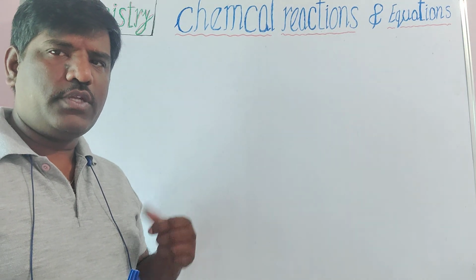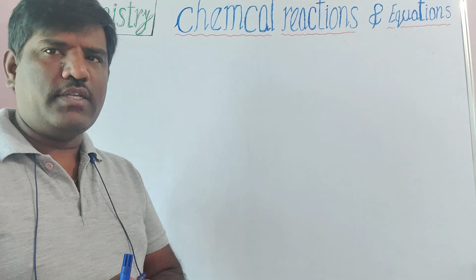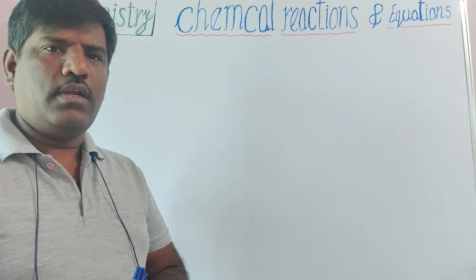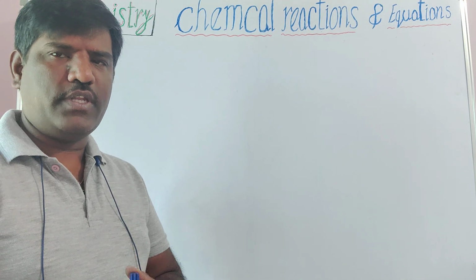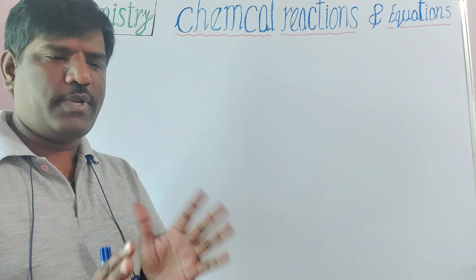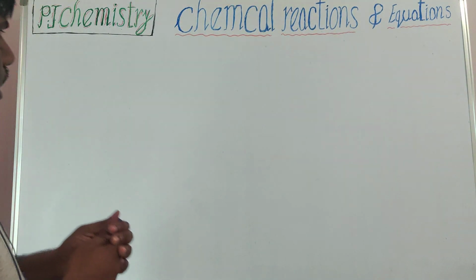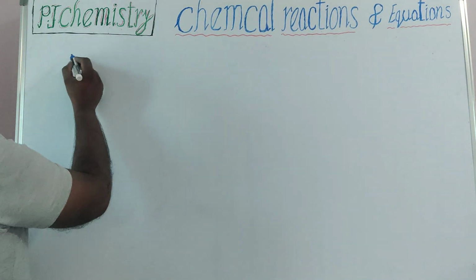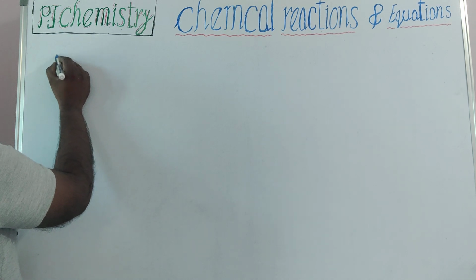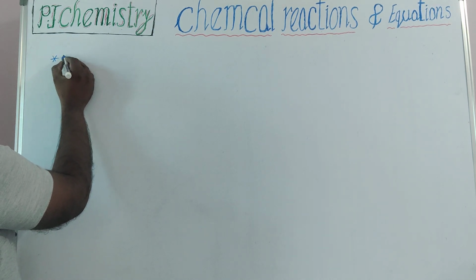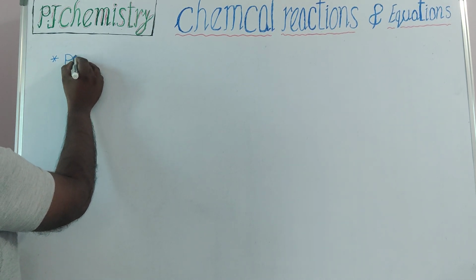Now what I am going to do is a list of ions, just 10 to 12 ions, just temporarily for 10th class. We used to call these polyatomic ions or compound ions.